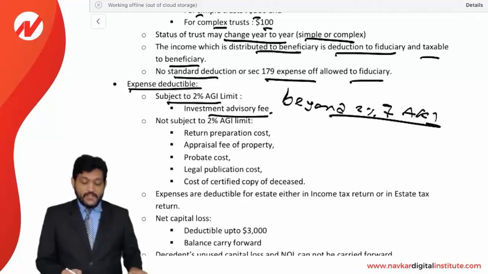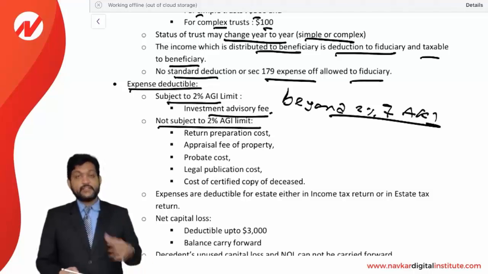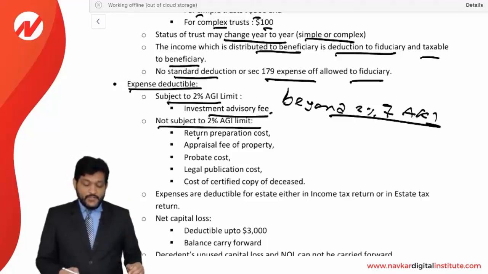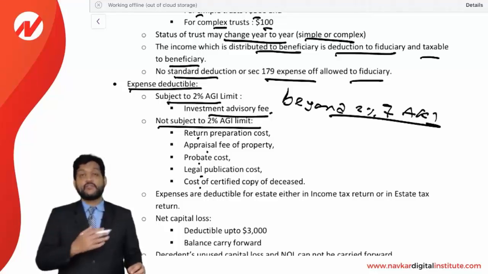That is the investment advisory fee. Only one expense is incurred over there. And second, those not subject to any limit. It means these expenses are deductible irrespective of amount: return preparation cost, appraisal fee of the property, probate cost, legal publication cost, and cost of certified copy of the death certificate. So all these expenses will be deductible irrespective of any limit.